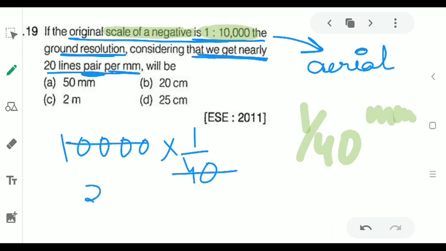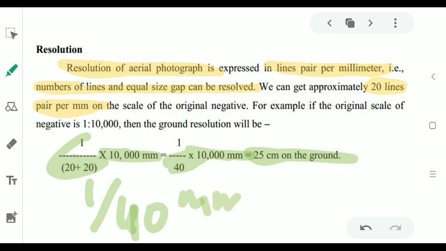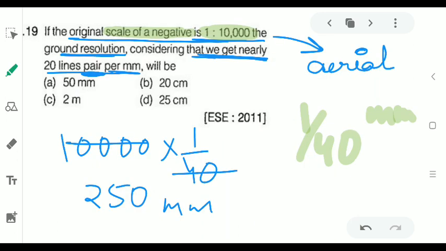Now that will be corresponding to 250 mm, जैसा कि आपको यहाँ पर दिखाया हुआ है. That is 1/40 into 10,000 mm, which will give you the value of 25 centimeter on the ground. सो that means कि आपकी जो स्केल पर वैल्यू होगी on photo that will be 1/40 mm और ग्राउंड पर जो वो वैल्यू होगी that will be 25 centimeter. So the correct option for question number 19 is option D.